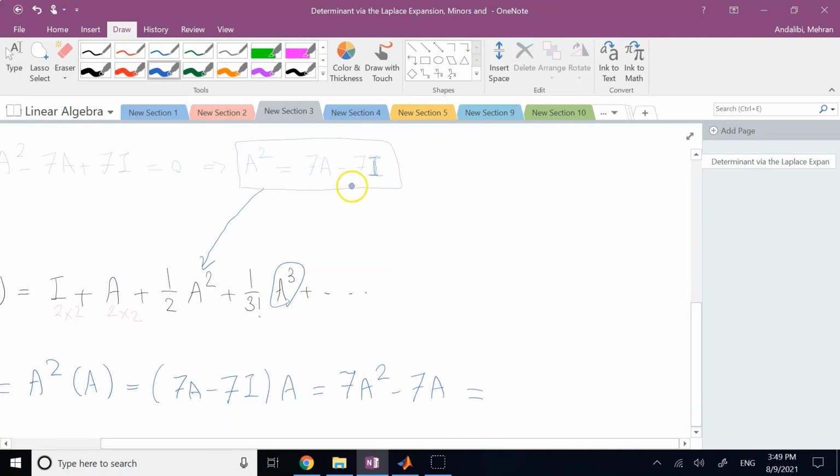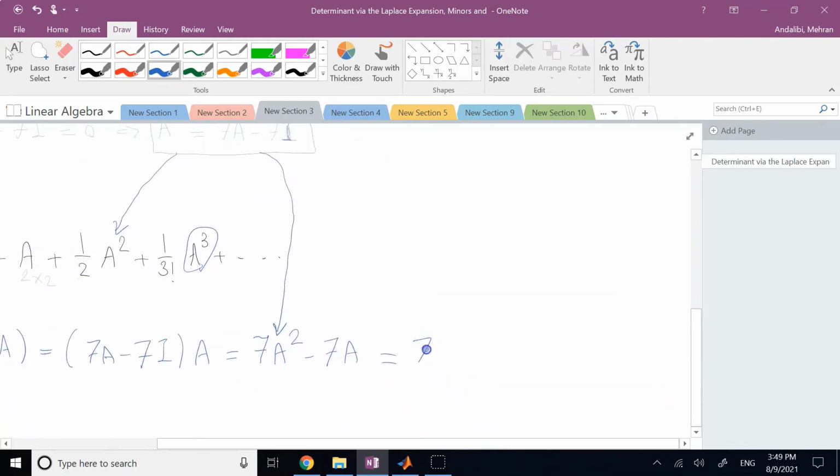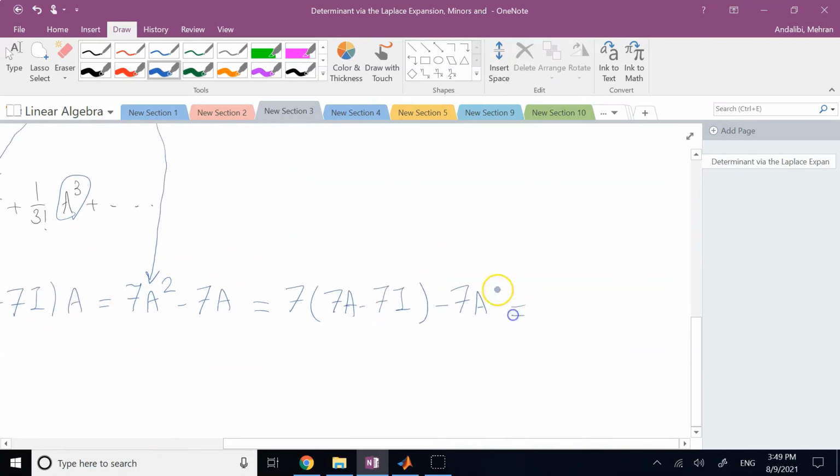Now that A squared is 7A minus 7I, plug it back again one more time. So it's going to be 7 times what? 7A minus 7I, then minus 7A, right? And you'll get what? This is going to be 49A minus 49I. So the result is going to be 49 minus 7. It's going to be 42A minus 49I.